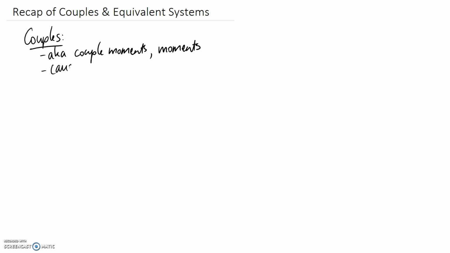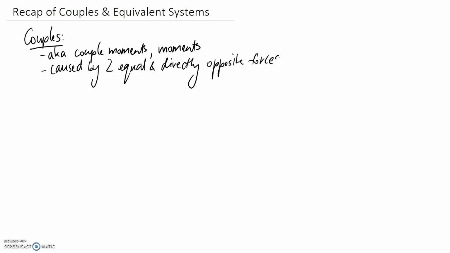So couples are caused by two equal and directly opposite forces. Okay, so for example, a couple would be created when I had a force going this way, which I'll call Fc, and one going back the other way, also size Fc, but obviously in the opposite direction.